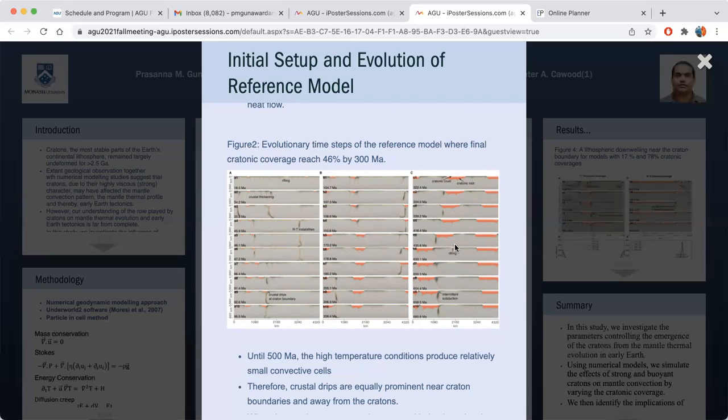So in figure 2c, we can see most of the drips converge at the craton boundary, and some of them replicate subduction or features of subduction, but these subduction events are not sustained for long, and they are mostly episodic.